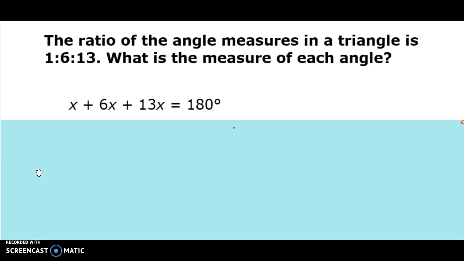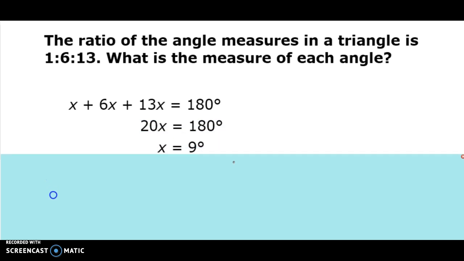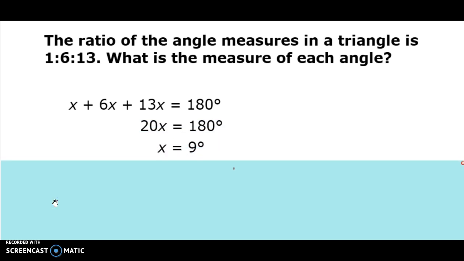So if you haven't figured it out yet, what do the interior angles of a triangle add up to? 180. So 1x plus 6x plus 13x equals 180. We get 20 x's equals 180, divide by 20, x is 9. Is that your answer?